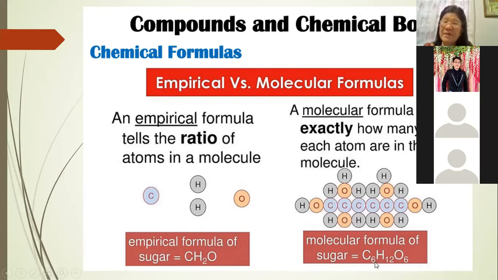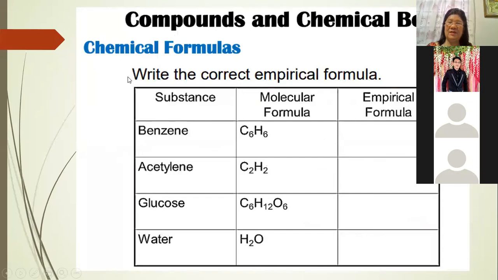Your 6 divided by 6 is 1 for carbon. No need to place 1 there, it is understood if there is none, it is 1. Then for hydrogen, 12 divided by 6 is 2. Then oxygen, 6 divided by 6, 1. Therefore, the empirical formula of glucose is CH2O, but its molecular formula is C6H12O6.